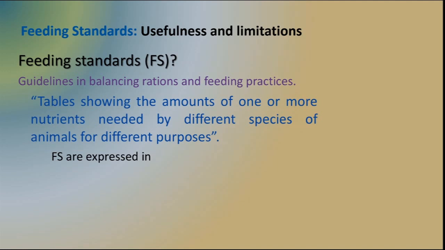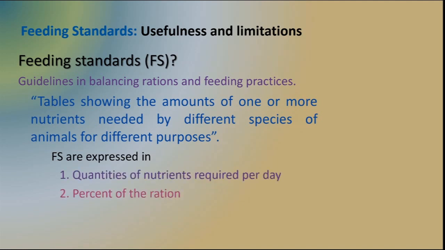These nutrient requirements are expressed in two different ways. The first is the quantity of a nutrient required per day, like we say an animal requires 360 gram of protein on daily basis, or there is a requirement of 8 megacalorie of energy on daily basis. The second way of expressing the nutrient requirement is percent of the ration.